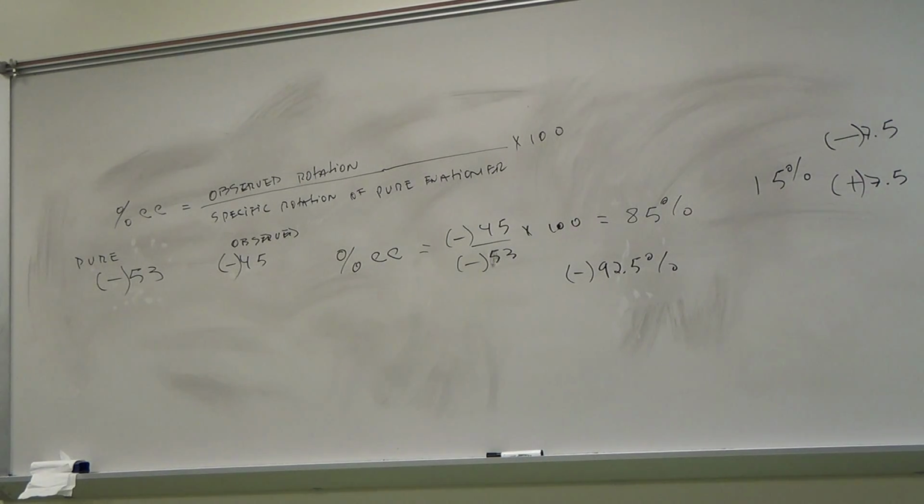Will we ever have a scenario where the pure is one way and the observed is the other way? No. They're both going to be facing the same direction, the pure and observed. So the percentage is always going to be the same sign as the numbers we're given.